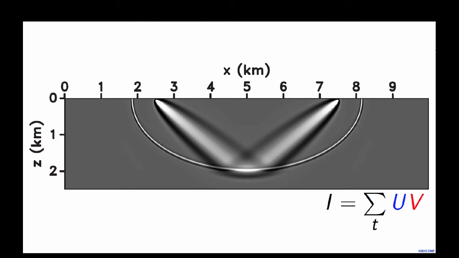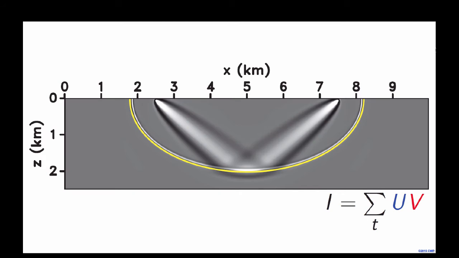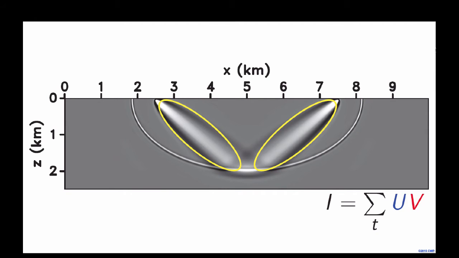Here, we can notice basically two patterns in this image. The first one is an ellipse-shaped pattern, which represents all possible reflector locations. But we also get this low wavenumber artifact, which is caused by the correlation of the wavefields along the reflection path due to these backscattering reflections.